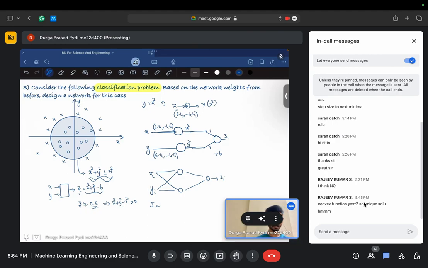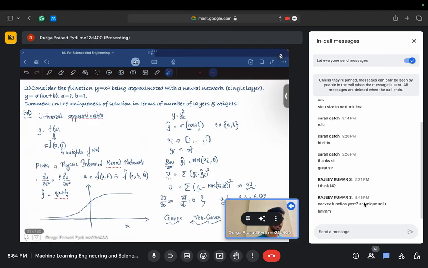So is everything clear till here, or are there any queries? Did you understand everything, or are there any ambiguous things in whatever I have discussed till now? So why did I come up with this? Is this part clear? How did I design this particular architecture from whatever I know previously? Previously I used the function y equal to x square in order to model that.